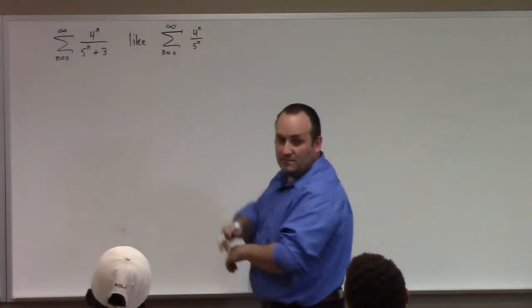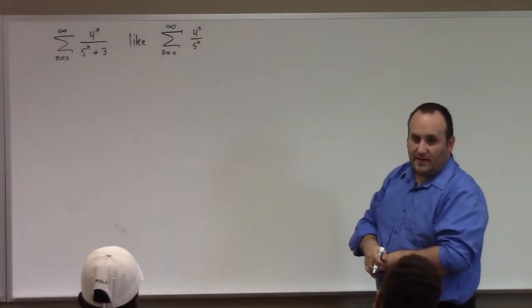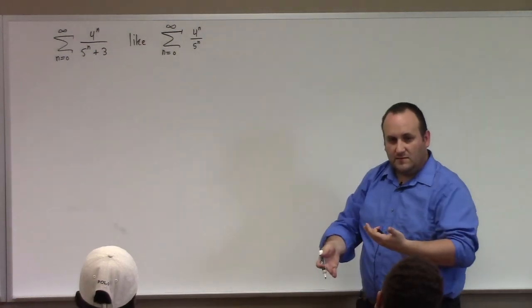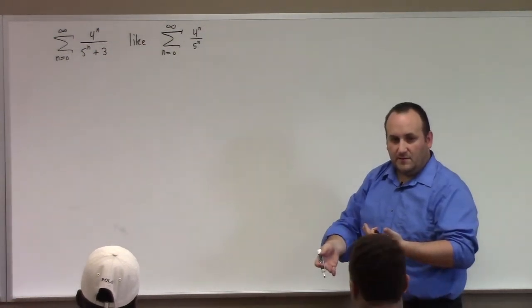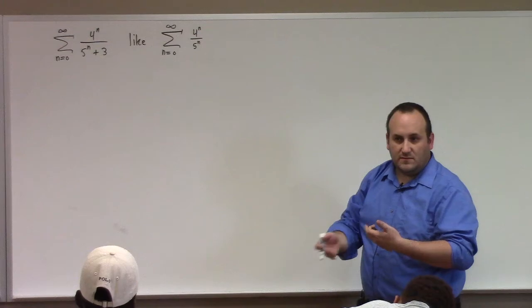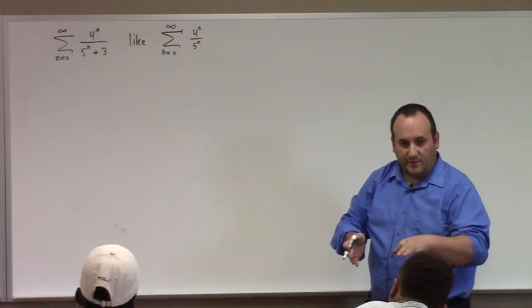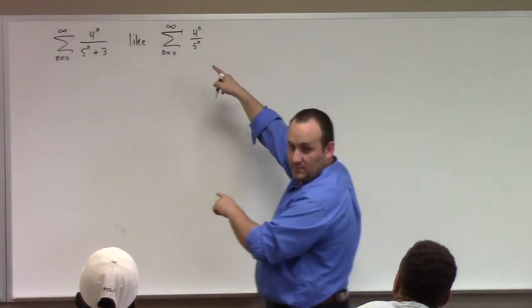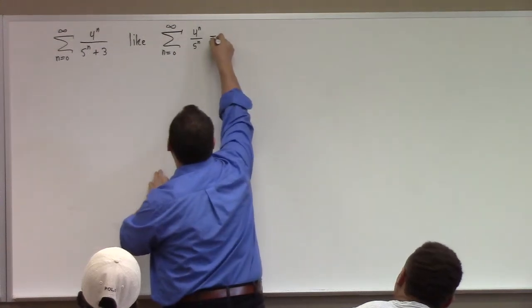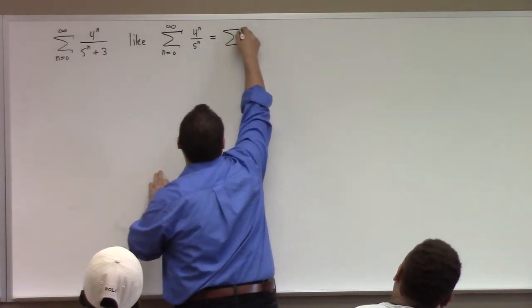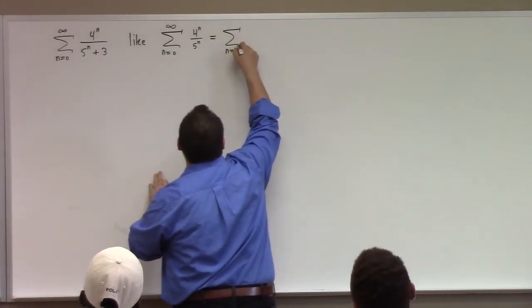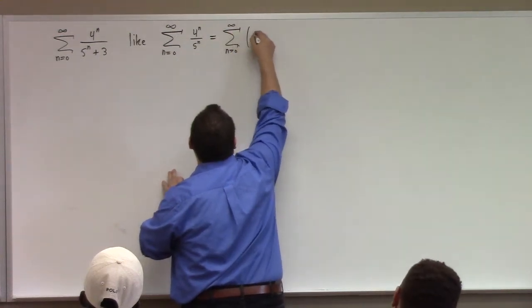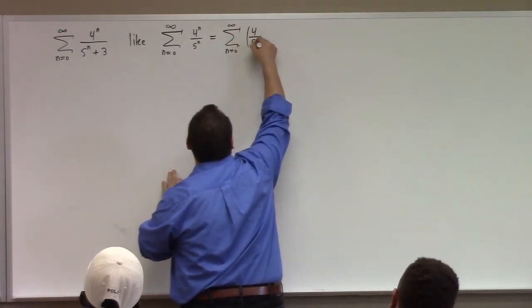It's like that. So I could try for a direct comparison. That might work here. Or I could try a limit comparison. Now, why would it be worth comparing to this? You know how to do this one? No. Okay, let's talk about that. That one we've got to learn.